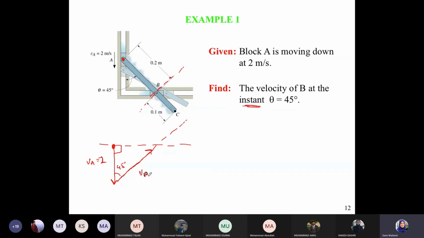And it's absolutely straightforward, from this we got the answer. We can see already from this that VB by VA is equal to tangent 45. So I know then my VB is equal to 2 tangent 45, which is, I'm not sure what it is. It's just 2.